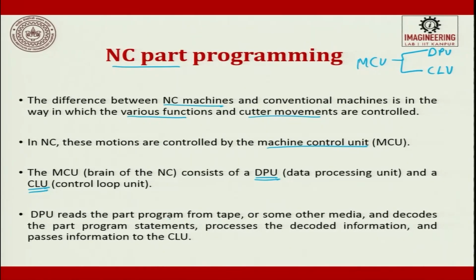So the DPU reads the part program from the server or some other media and decodes the part program statements, processes the decoded information and passes the information to the control loop unit. So the DPU, data processing unit, pushes it to the control loop unit.